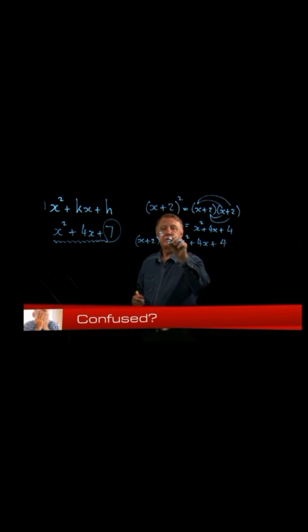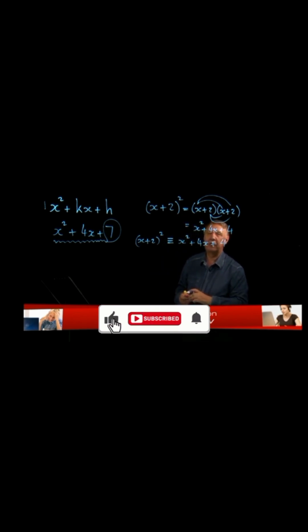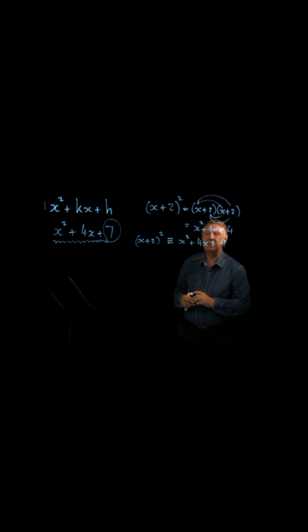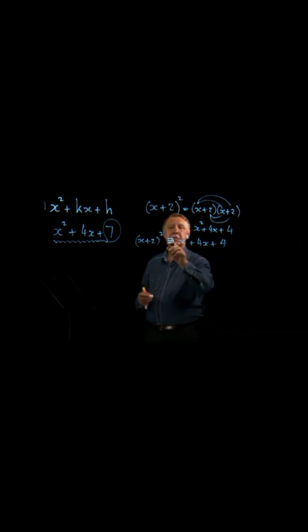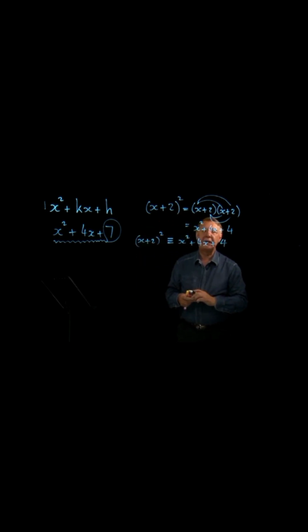Now, again, let's get the notation right because it's good to be correct. I should really put a 3-line equal sign there. That's an equivalent sign. And the equivalent sign means that this side is exactly the same as the other side, but written out in a different way.